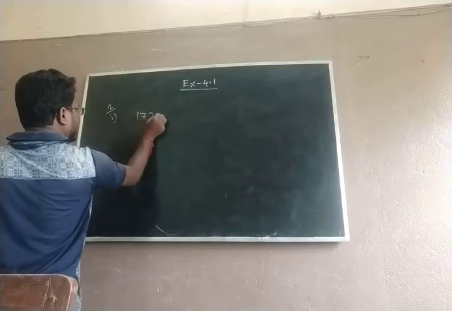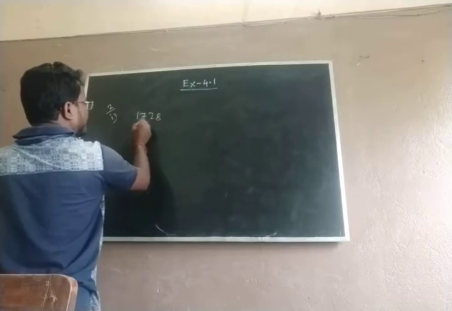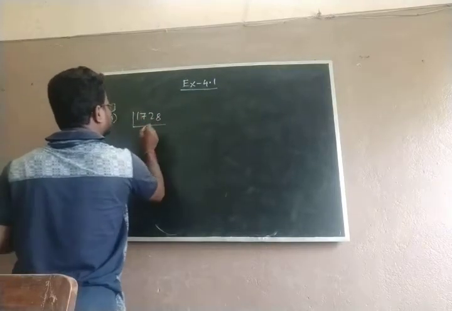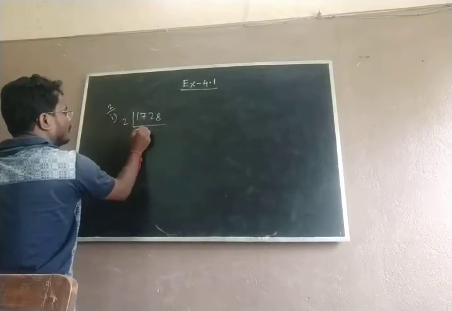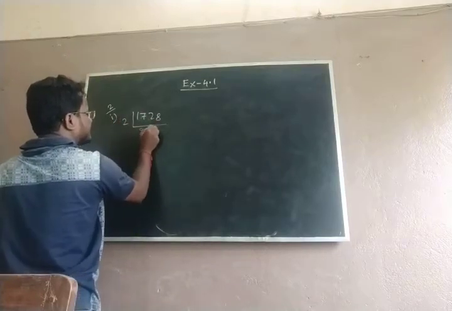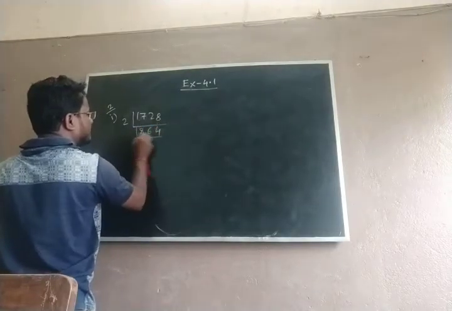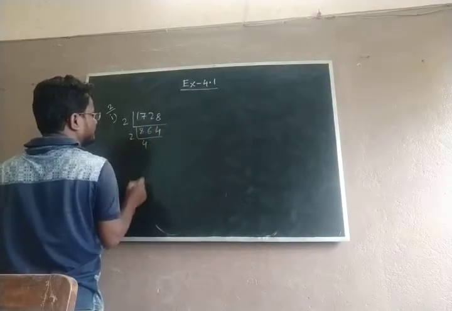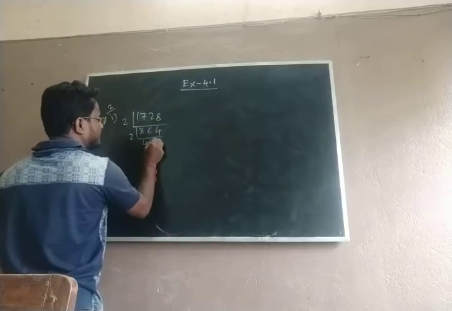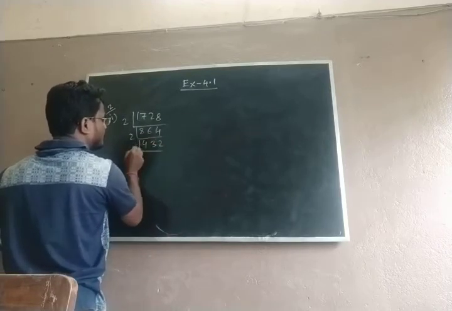1728. Now prime factorize it. 2 eights are 16, 2 sixes are 12, 2 fours are 8, 2 fours.